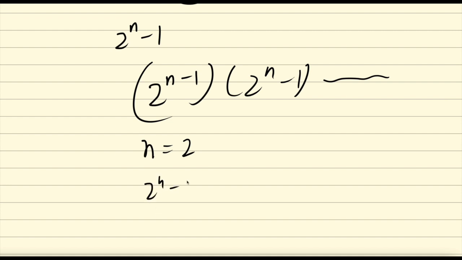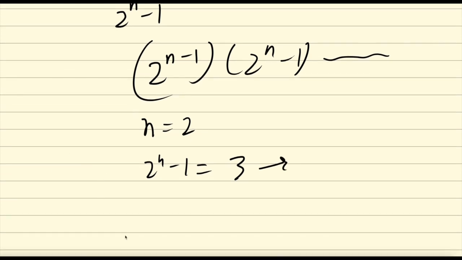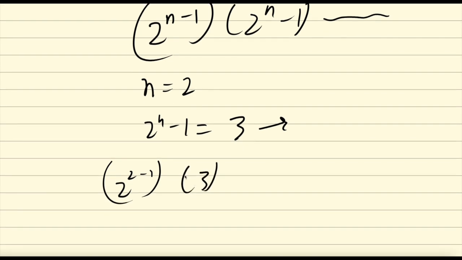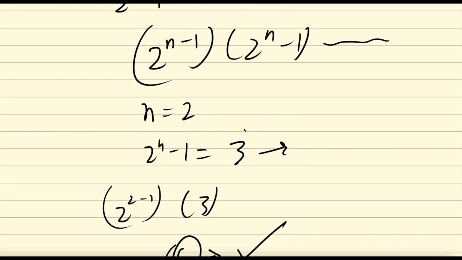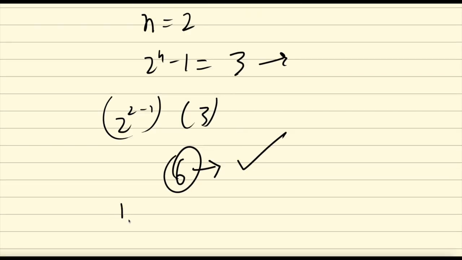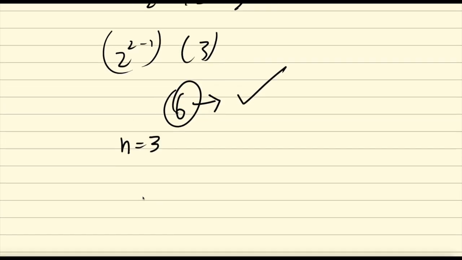Well, if you look at the first example, if you take n is equal to 2, you have 2 to the power n minus 1 is equal to 3, which is a prime number. And if you use this formula, you have 2 to the power 2 minus 1 into 3, you get 6, which is a perfect number, like I've already discussed. We can also look at other examples, like take n is equal to 3, then you get 4 into 7, which is 28.